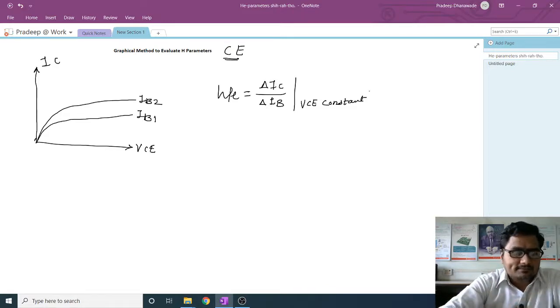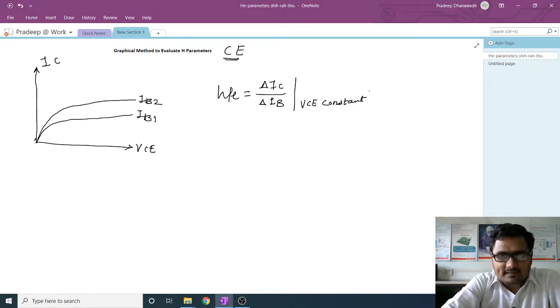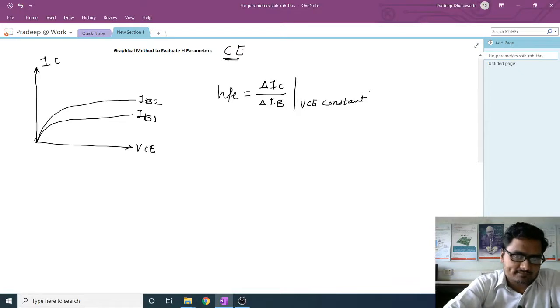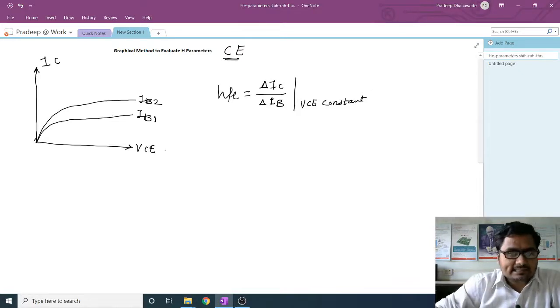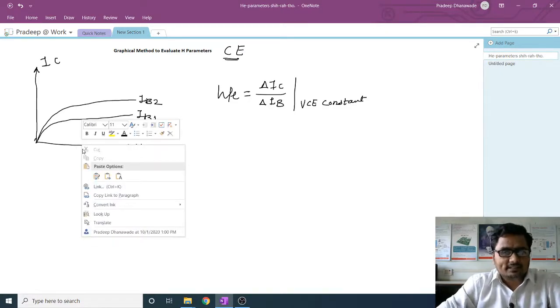Now come to the graph. In the graph, first thing I need to decide is that HFE is IC versus IB when VCE is constant. Now VCE is constant, it means x-axis. From the x-axis we have to select any one point. So let me select this point. You can select any point.